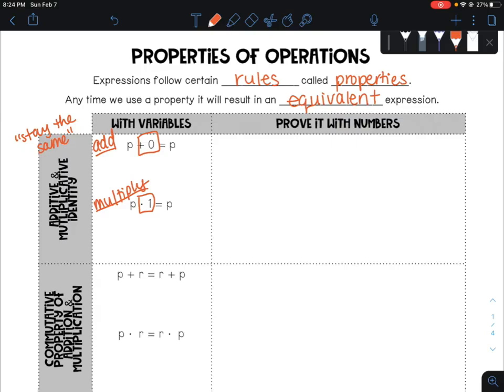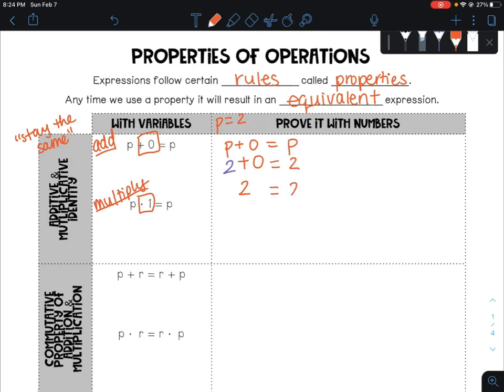So let's try an example. For this whole page, let's say that whenever we see the letter P, it's going to equal 2. Okay? So fill it in. If P plus 0 is supposed to equal P, if I fill in 2 for P, 2 plus 0 is 2.